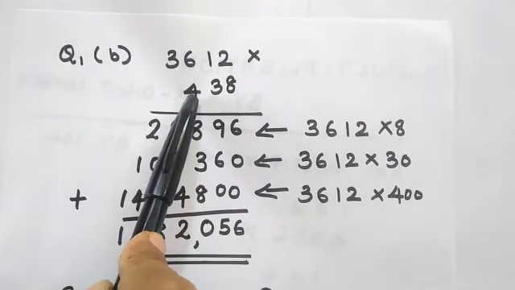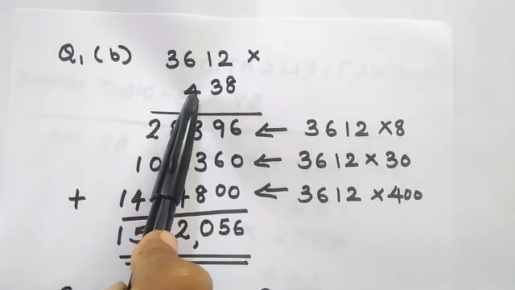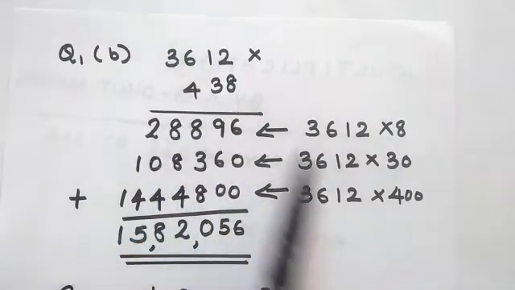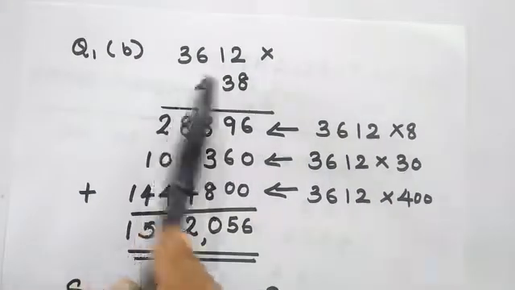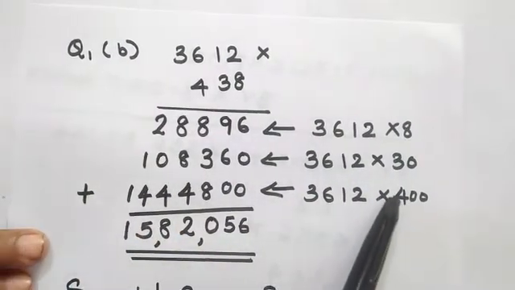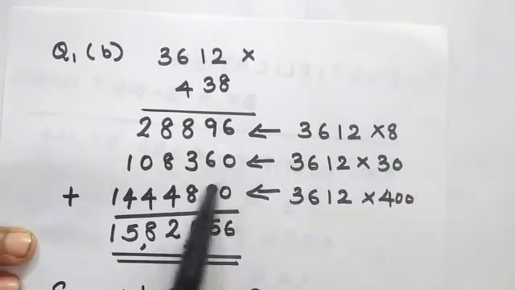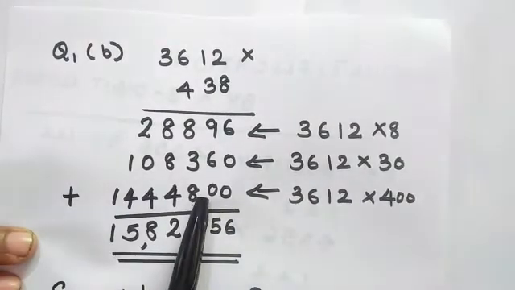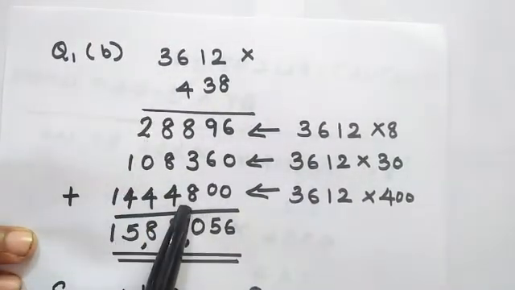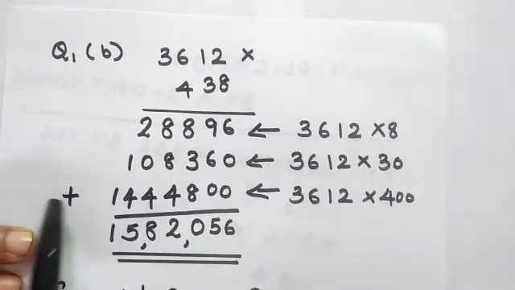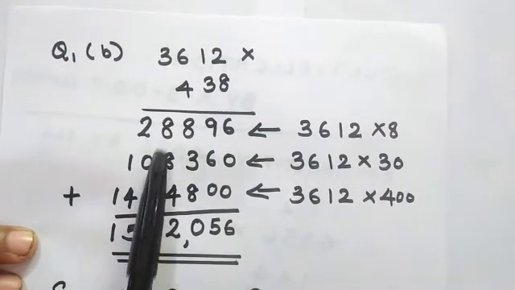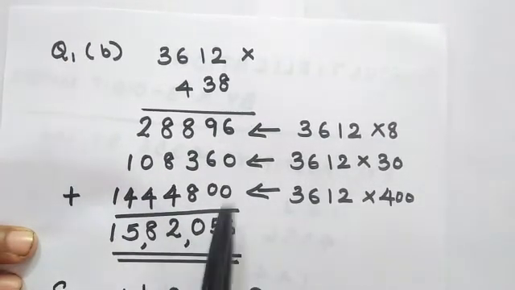Next we multiply with 4, that's in the hundreds place. So this number into 400. Add 2 zeros at first and multiply with 4. Okay. Then add these 3 numbers together.